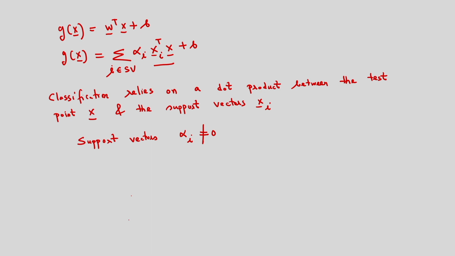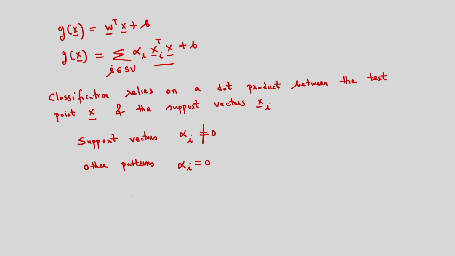For other patterns, alpha I will be equal to 0, and if they are moved around, they do not affect the solution of the separating hyperplane. So if any other points with alpha I equal to 0 are moved around, they do not affect the solution for the separating hyperplane. That is the fundamental concept of the support vectors.